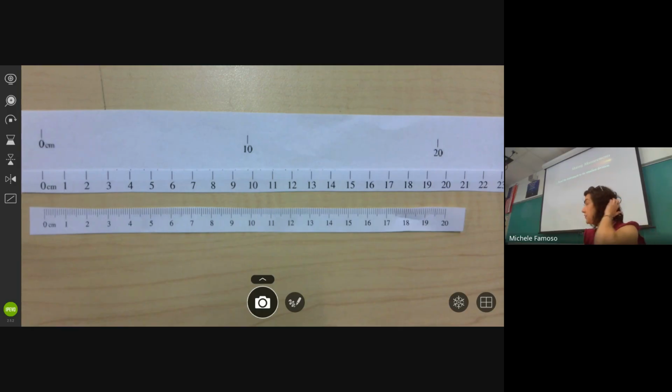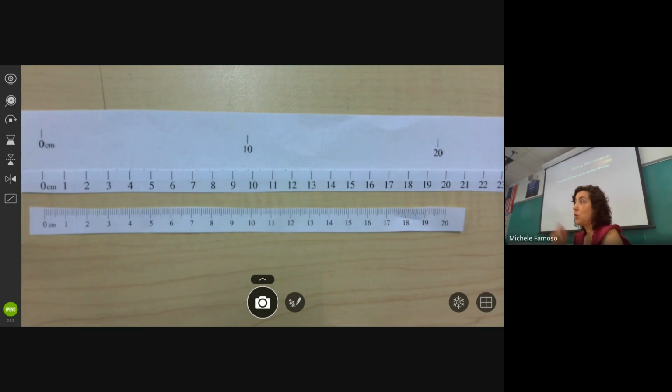We have to first read the instrument, whether it's a ruler or a mass balance or a clock or a graduated cylinder, any of those kind of things. Read the instrument first to its smallest division. So when I'm looking at those rulers, like the top one, the smallest division was the tens of centimeters. So you're just going to read it to the nearest 10 centimeters.